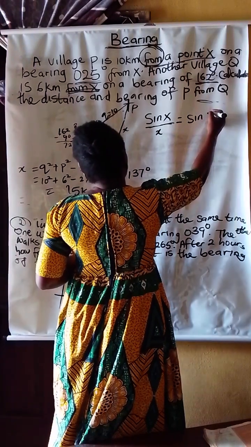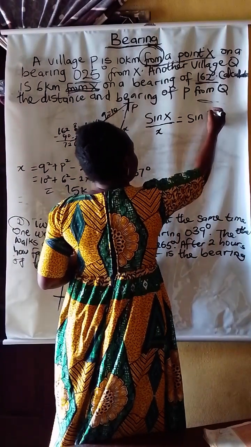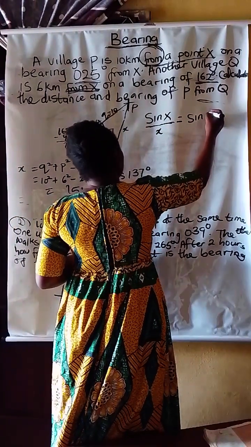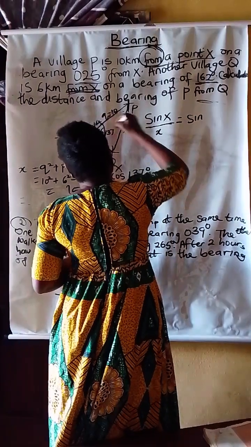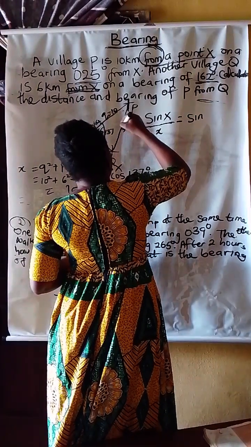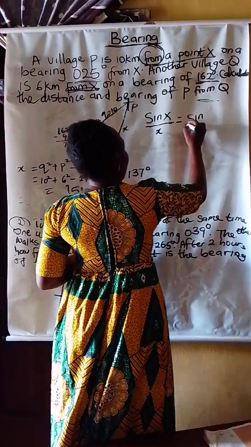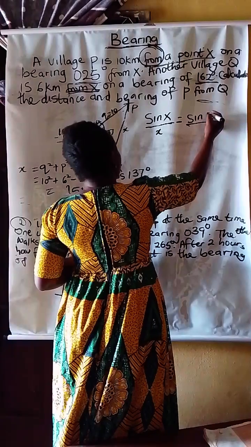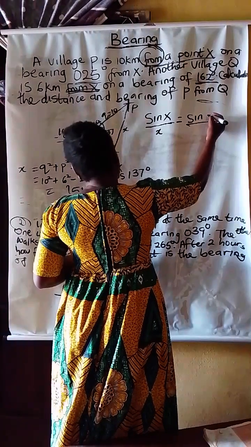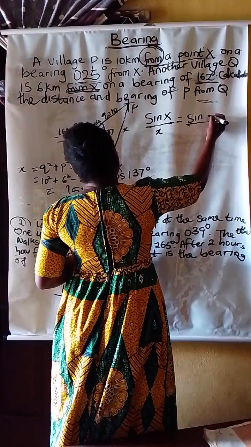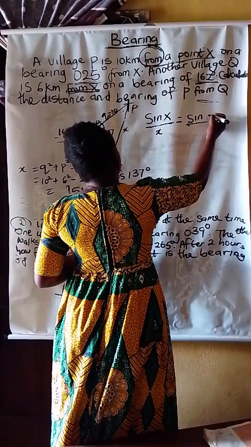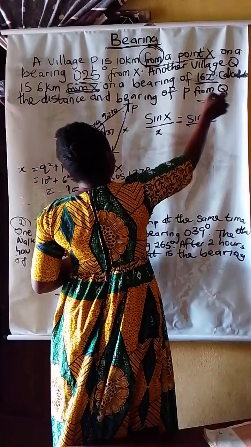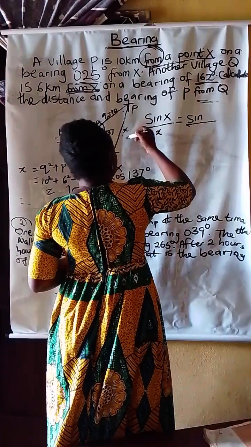We can use Q over P, sine X over X, sine Q. Looking at this, sine X over P, so over Q, since it's P from Q, this is X.